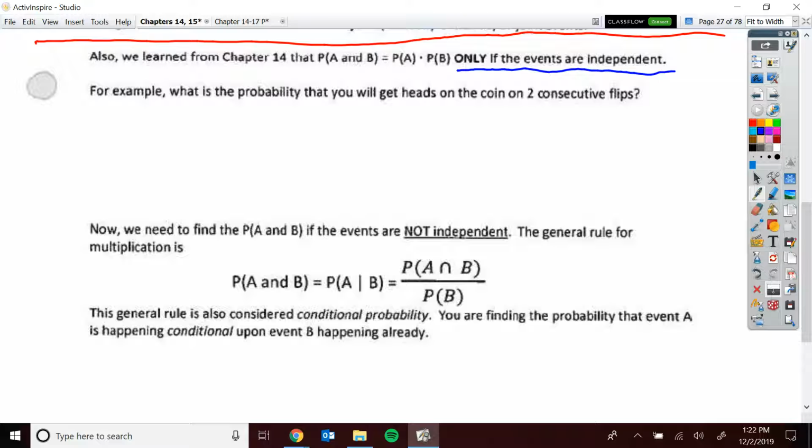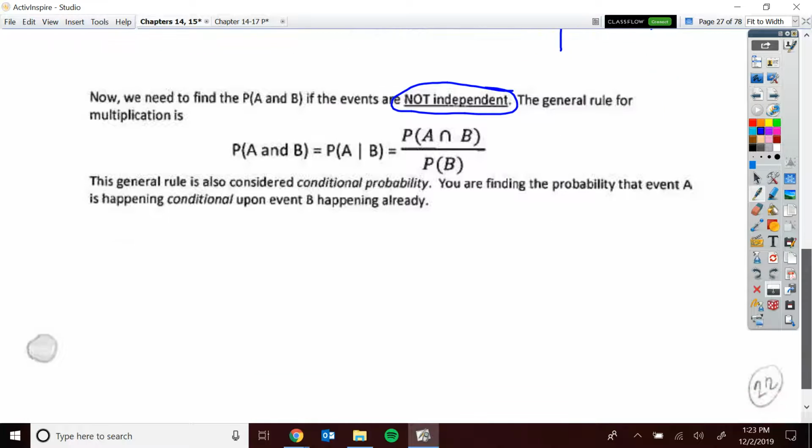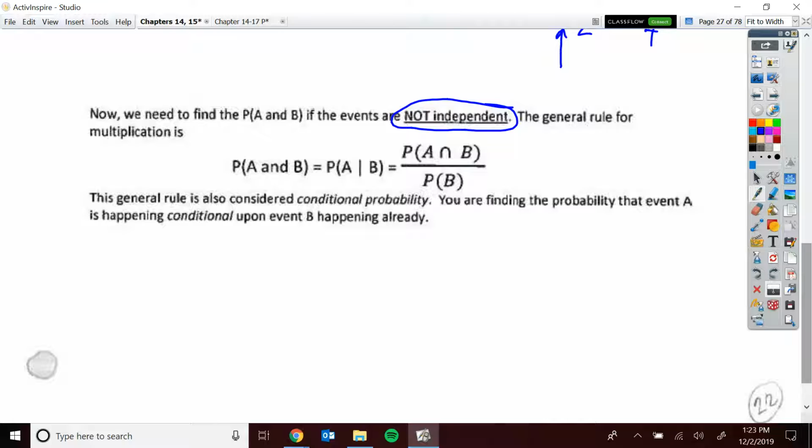One event doesn't affect the probability of the other. So we've got your half and then your half. If we want heads on 2 consecutive flips, we can just multiply those together. But that is not the case whenever they are not independent.